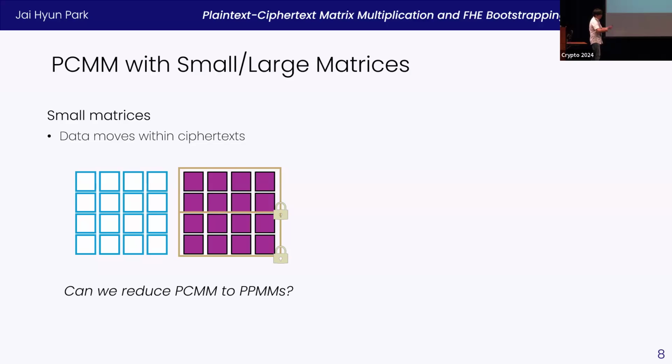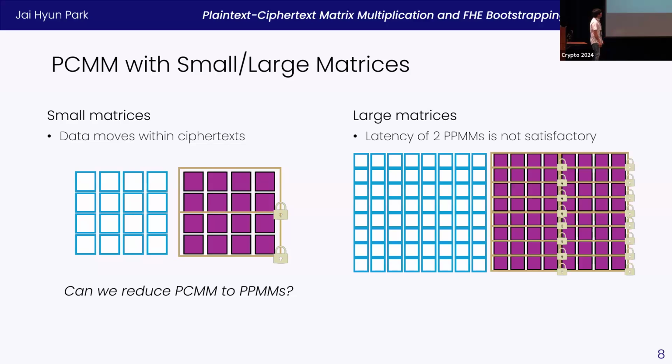And those kinds of rotations are related to key switching of homomorphic encryption, which is not very compatible with BLAST libraries. So it's unclear how to reduce it to PPMMs. And for large matrices, we can indeed reduce it to 2 PPMMs, but the latency of 2 PPMMs might not be that satisfactory. So we wonder if we can do better than 2 PPMMs or not.